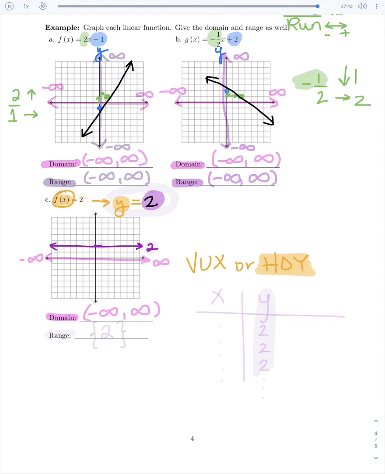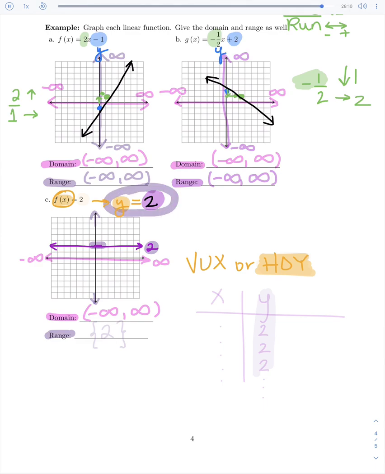Why is our range different? Well, if we look at the y-axis just a little bit, notice that there's no graph going down forever. There's no graph going up forever. Actually, there's only a graph right in the middle here at this value, at 2. And that makes sense.